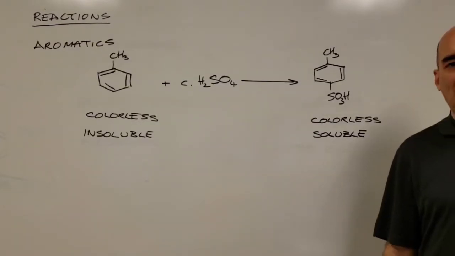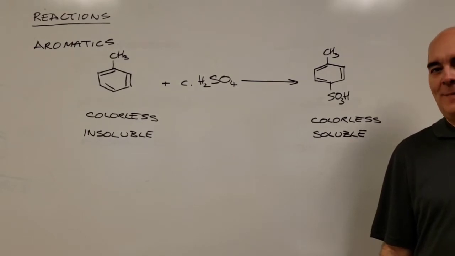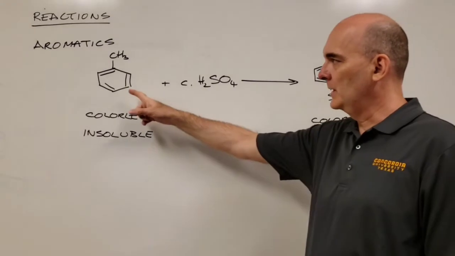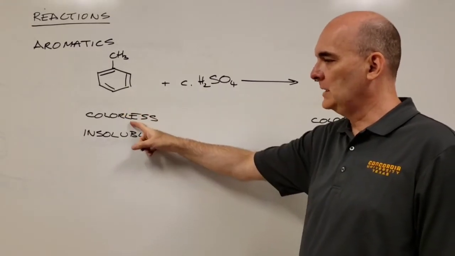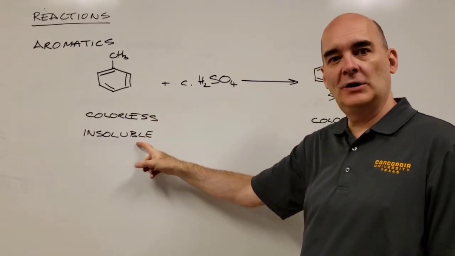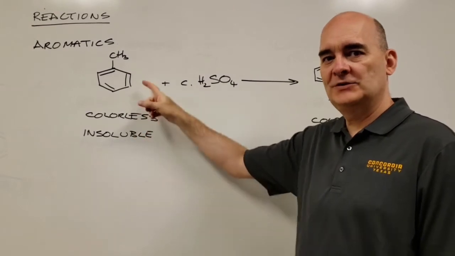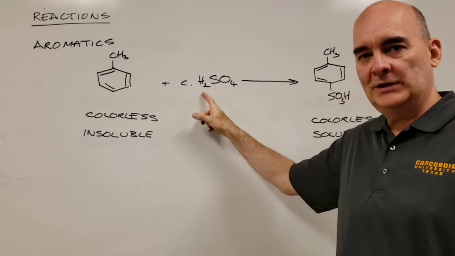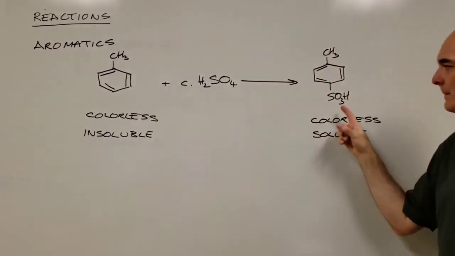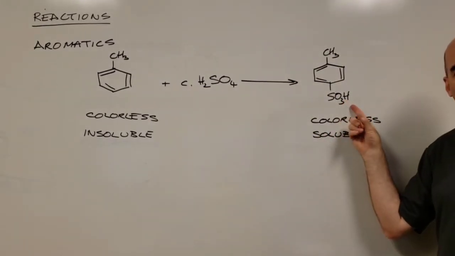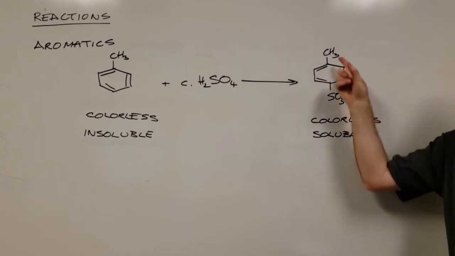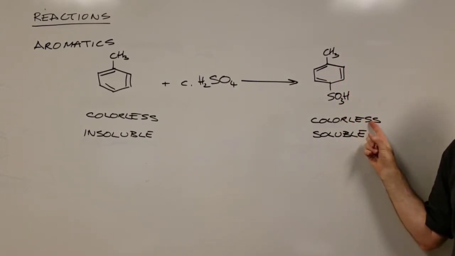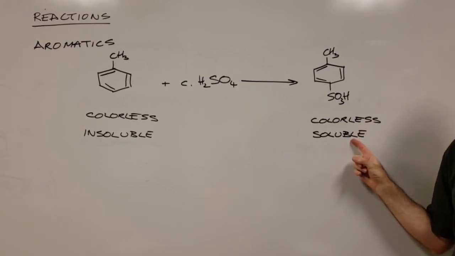We're only expecting one reaction from the aromatic molecule, and that will be this one, the toluene, which is a colorless liquid that is insoluble in water. Hydrocarbons and water, not soluble. When you react it with concentrated sulfuric acid, it makes the sulfonic acid, the sulfonyl toluene, and this is a colorless liquid that is soluble in water.